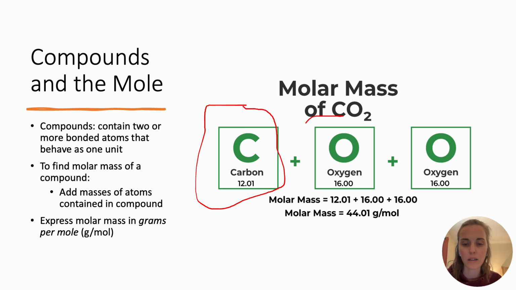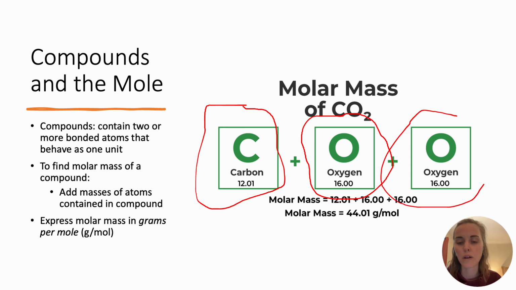Oxygen has 16.00. On our periodic table it says 15.999, but for this example they used 16.00, plus 16.00. And so once they got these 3 written out, they just added them together.